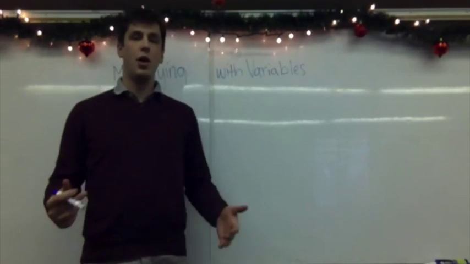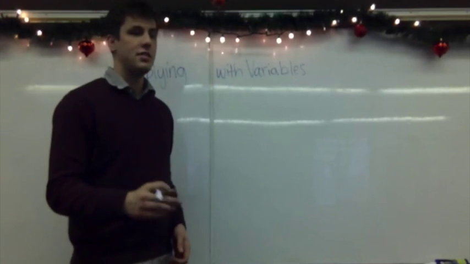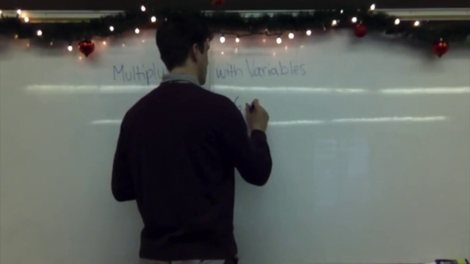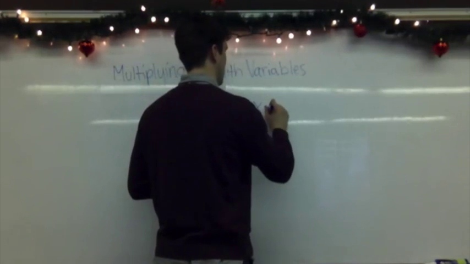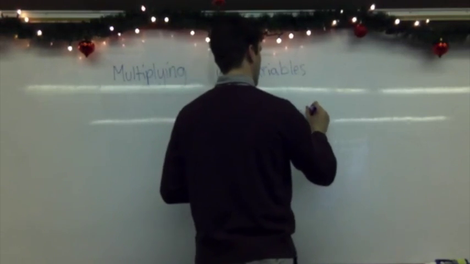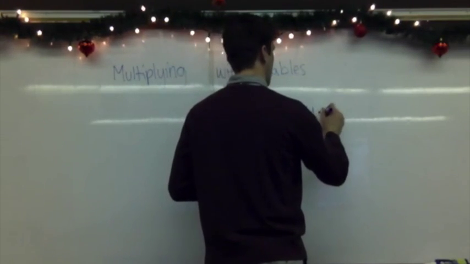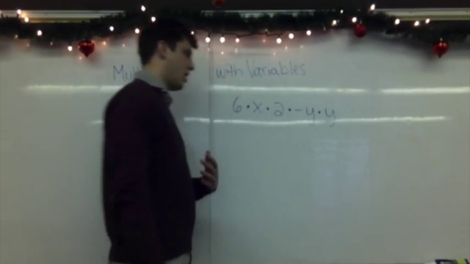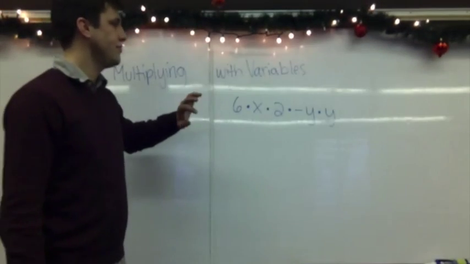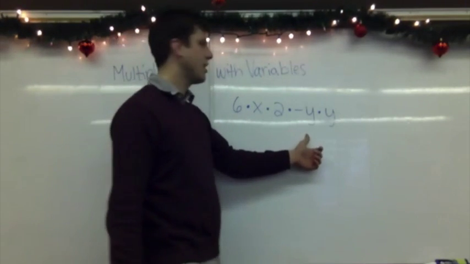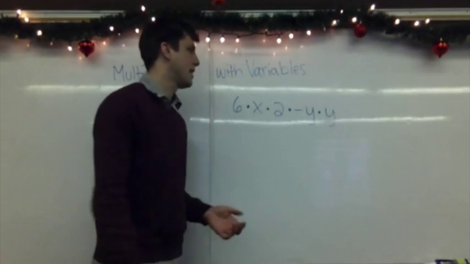Now, suppose that you have a term that's sort of out of order. All right. So suppose you have a term that's 6 times x times 2 times negative y times y.